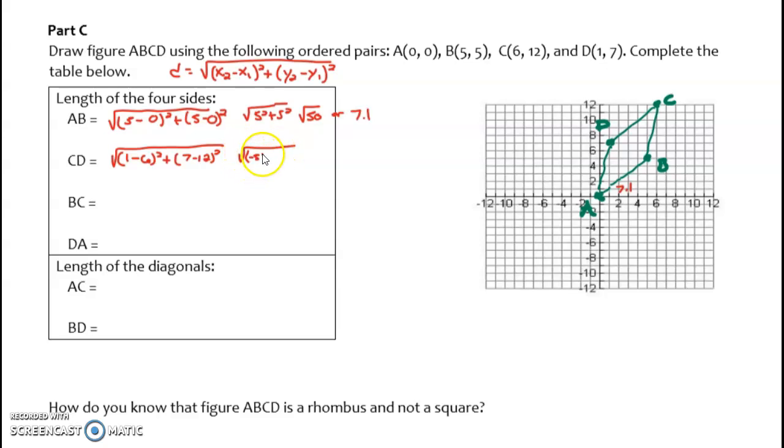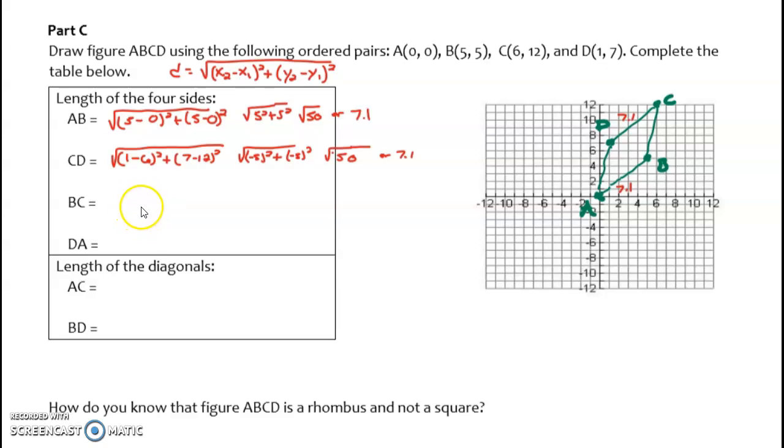Negatives I like to put in parentheses just to keep control of the negative in there. Plus, don't want to lose it, 7 minus 12 is going to be another negative 5. But negative 5 times negative 5 is going to be a positive 25. And then that's going to be another 25. So you're going to end up with the same square root of 50, or the same 7.1. Okay, so top side 7.1.